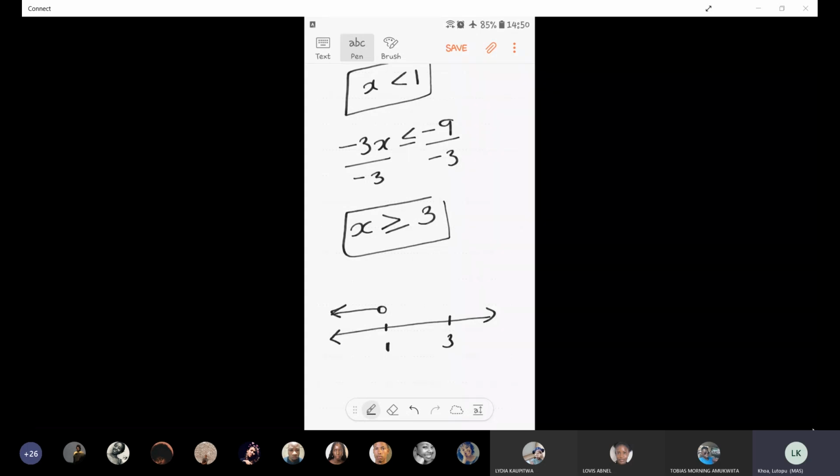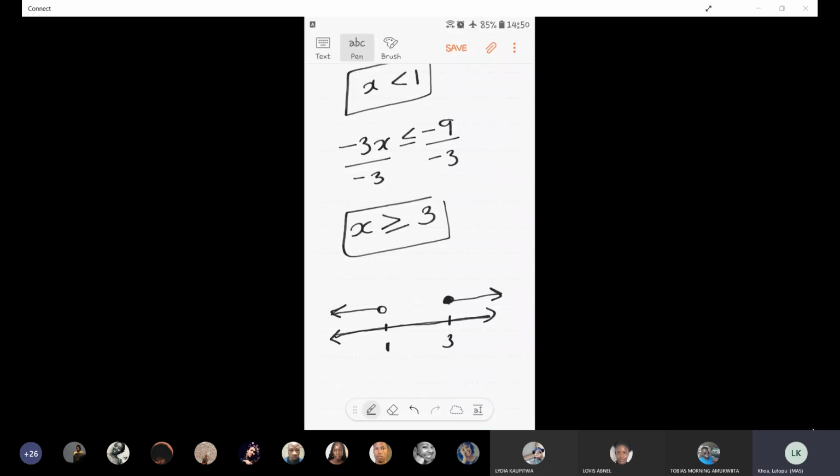And then x is greater than or equal to 3. Greater than or equal to 3 means our circle is shaded, and greater than 3 means to the right of 3. So again, you walk along your number line and you ask yourself, where do I need to stand on the number line so that I have a line above me?